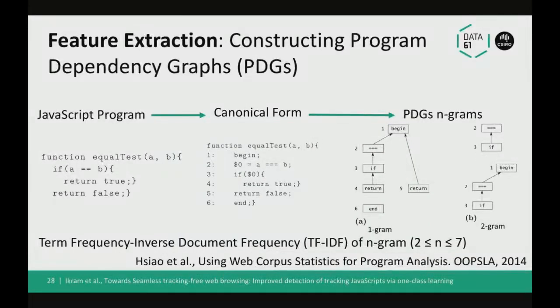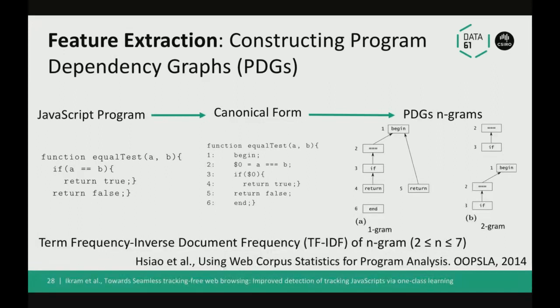Before going on to explain the classification framework, let me briefly explain the feature extraction. We know that JavaScript may have very complex statements. We used previous work to convert this complex JavaScript into simple programming statements that we call canonical form, and from the canonical form we extract the program and data dependency graph, and then we calculate n-gram matrices on the program dependency graph.